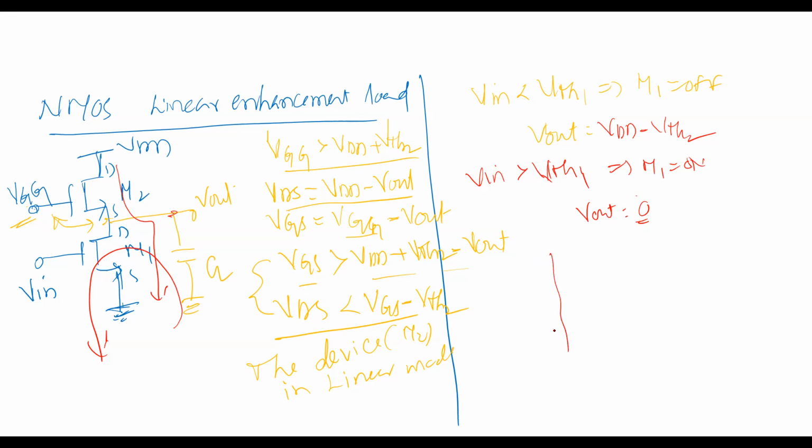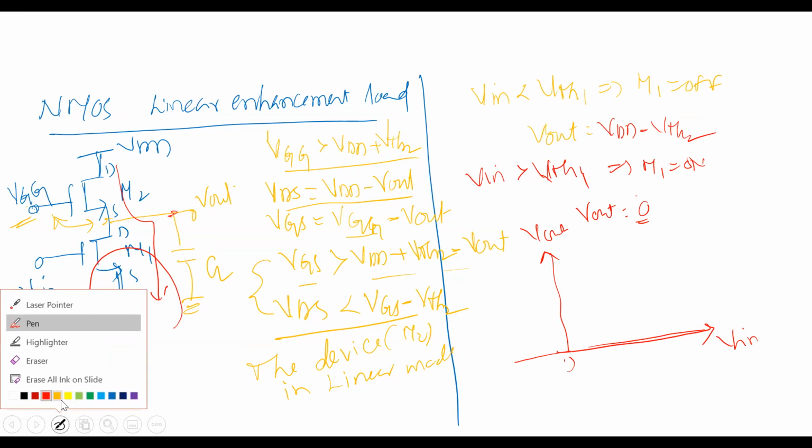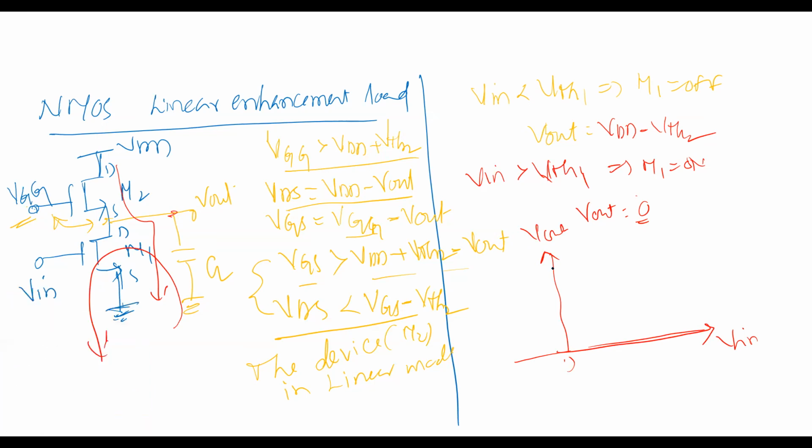If you draw the characteristics of V input versus V out, with 0, VDD, and VTH1 marked, you will get the output like this.